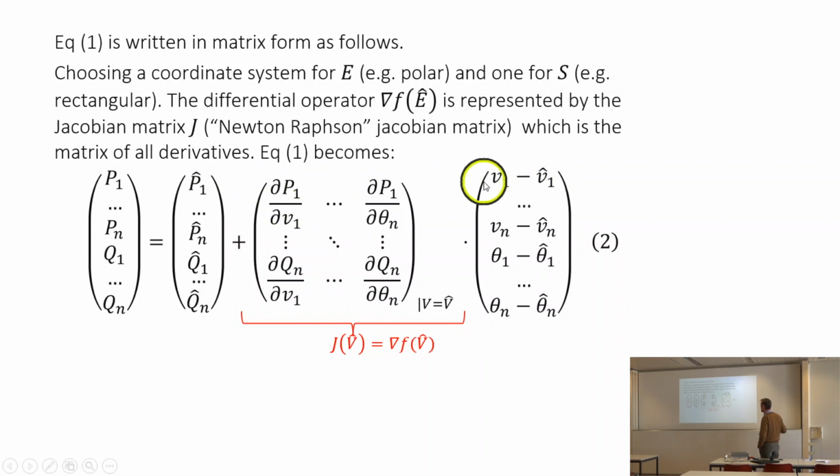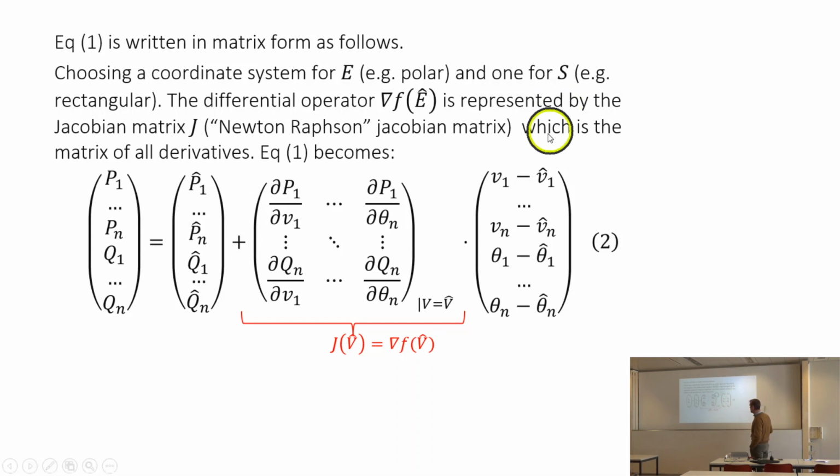So it says if the voltage varies, magnitude varies by this amount, then I need to multiply this by this coefficient. So this coefficient is the partial derivative of the active power at node 1 with respect to the voltage magnitude here. In the DC approximation, we ignore that because we assume the voltage magnitudes are all equal to 1. In this method here, we do not ignore it.